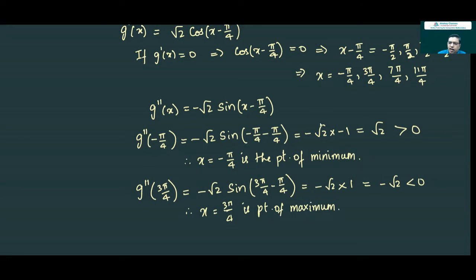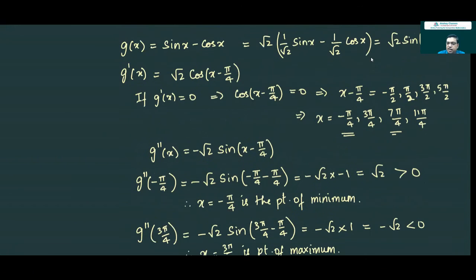And 7 pi by 4 is nothing but 2 pi minus pi by 4. And 11 pi by 4 is 2 pi plus 3 pi by 4. So these are in intervals of 2 pi, and this function is periodic.